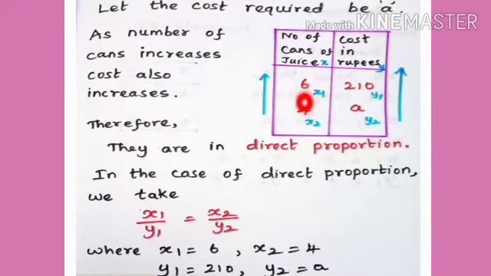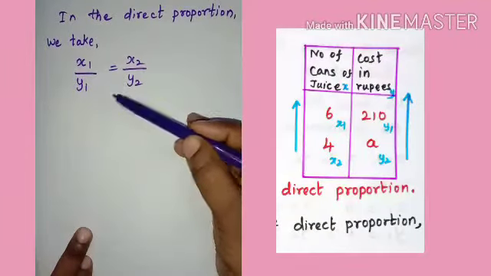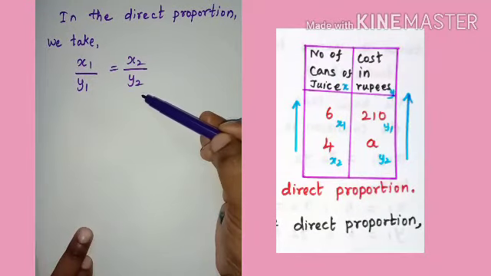Now students, form a tabular column. Here the number of cans of juice and the cost in rupees are two quantities which are to be compared, and fill in the values which are in the question. And here, as the number of cans increases, the cost also increases. So therefore they are in direct proportion. In direct proportion, we take x1 divided by y1 is equal to x2 divided by y2.